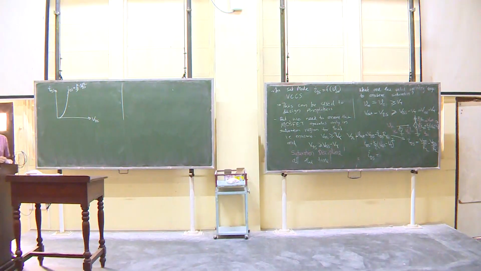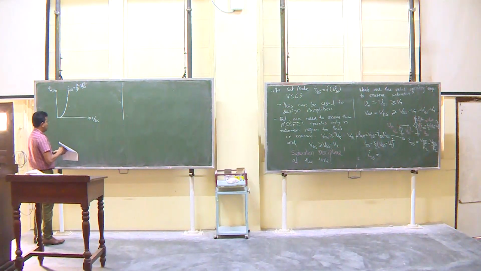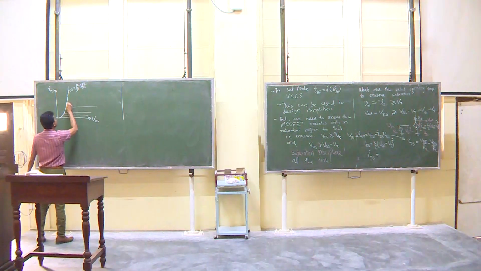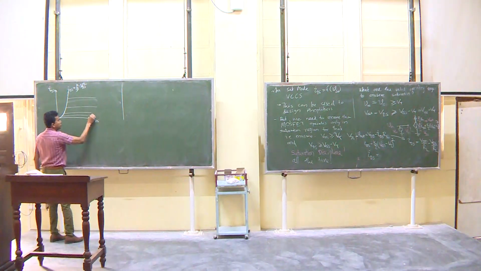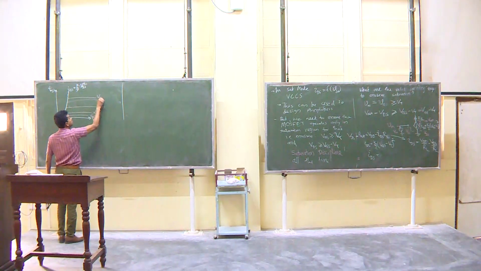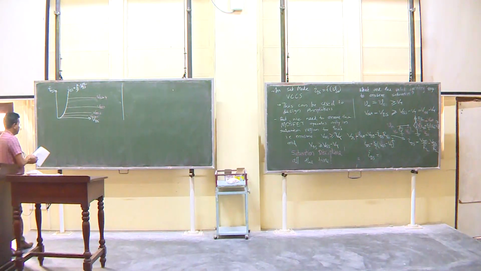and so we had these lines like that. VGS is equal to VGS1, VGS2, VGS3, VGS4, like things, and we know this is the saturation region.